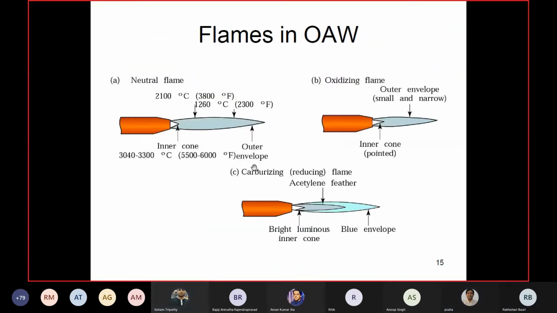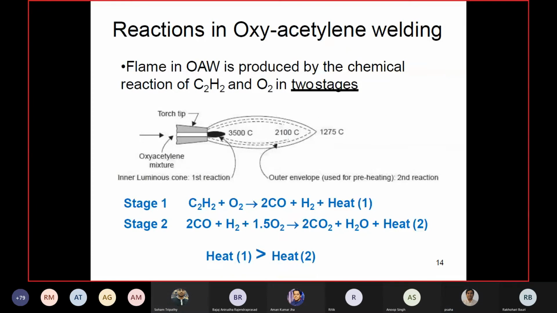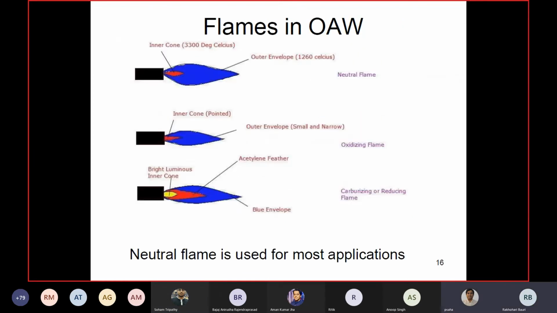So now see here, by just managing the ratio of the mixture, acetylene and oxygen, you can get three types of flame. The first one is the neutral flame, where complete combustion is happening, and the ratio of acetylene and oxygen is stoichiometrically balanced.